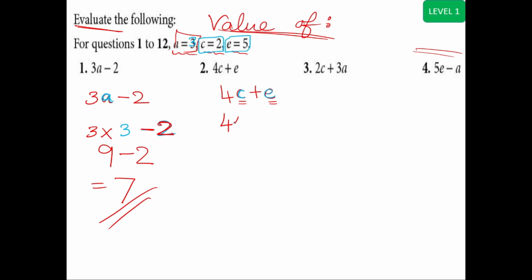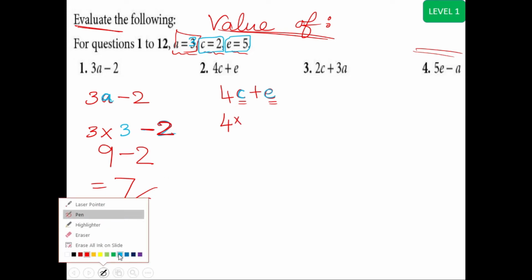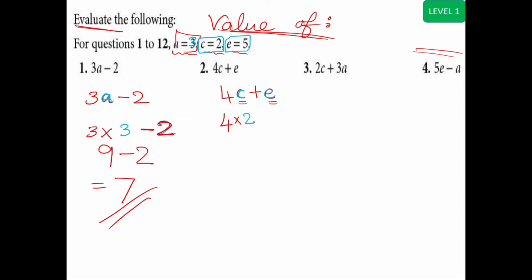So 4 is going to be multiplied with c, which is 2, plus, what is the remaining part? We have e as 5. Sticking to the rule, we have 4 times 2, which is 8. 8 plus 5, which gives you 13.